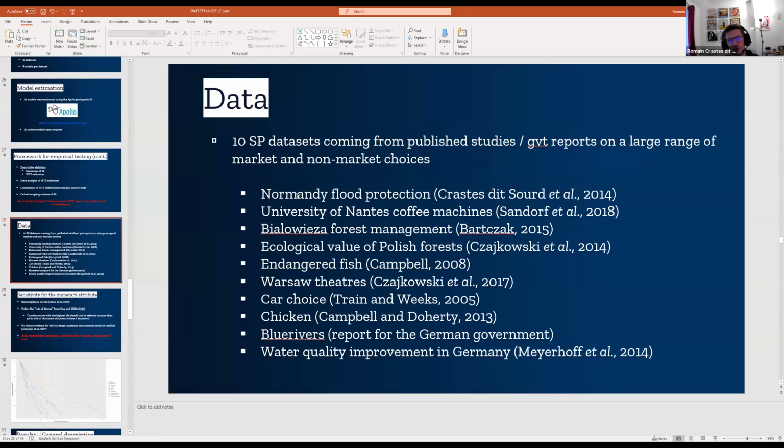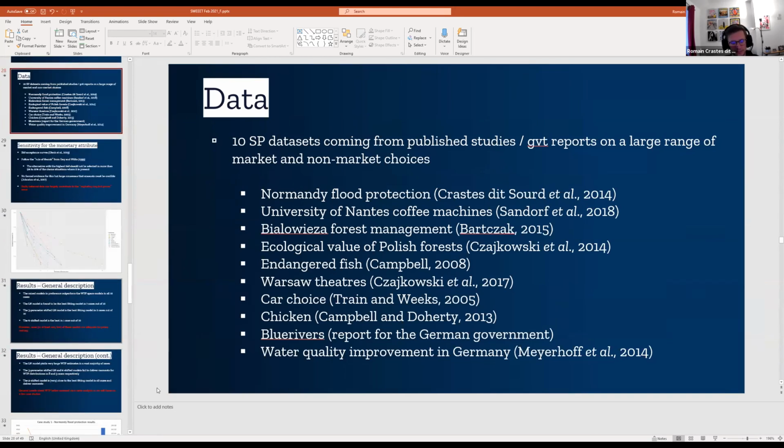I can send you the output, but the same trend holds for the Normandy flood protection data set, the Bielawa forest management, and the ecological value of Polish forest data set. I haven't tried the rest yet, just because these take a while to estimate. But the trend is the same as with the coffee machine data set.